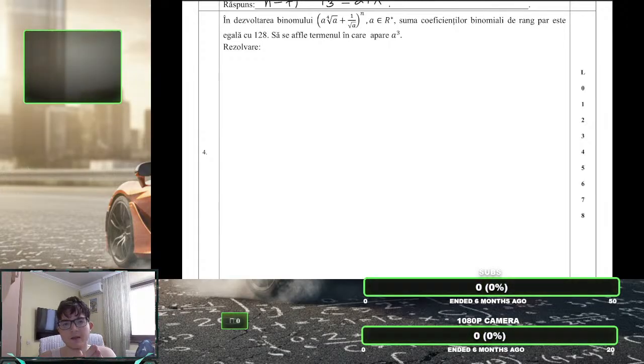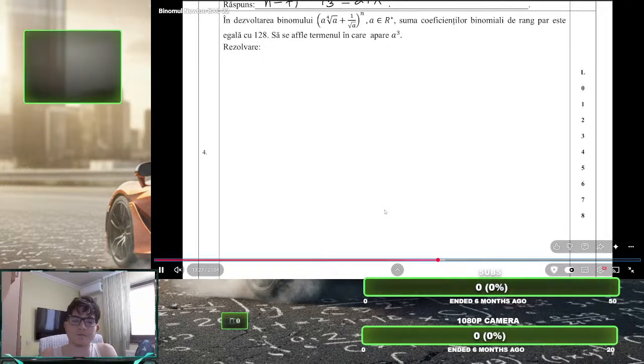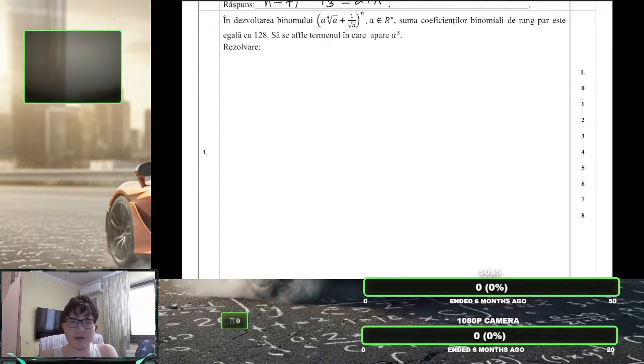And once you have calculated the n, you plug everything into the formula, work with the a's, equal all that with a to the power 3, get the k, plug it in, and so you'll get the term, calculate it, done. It's obviously hard, but if I do like 11 or 12 more of these, it's going to be quite good, but not perfect.